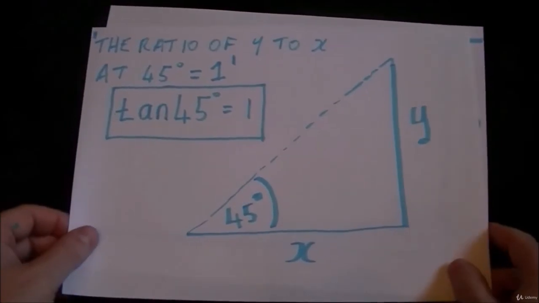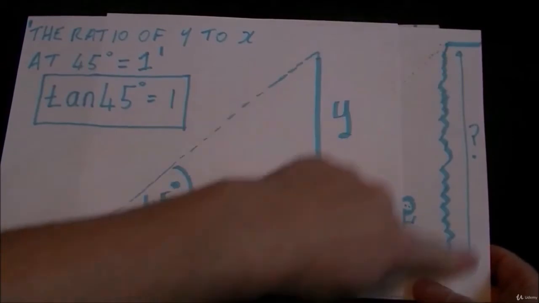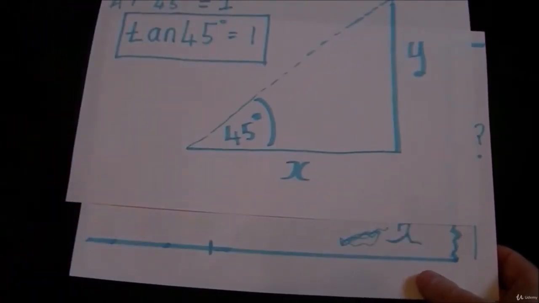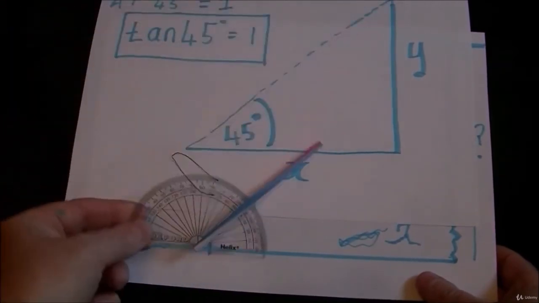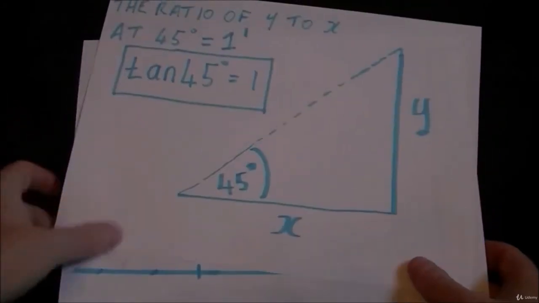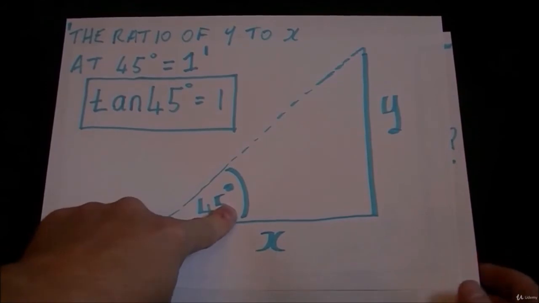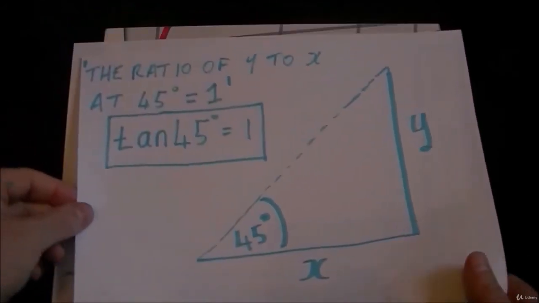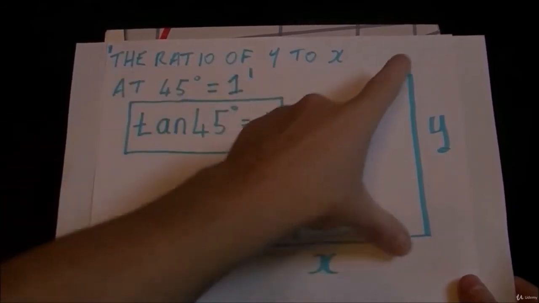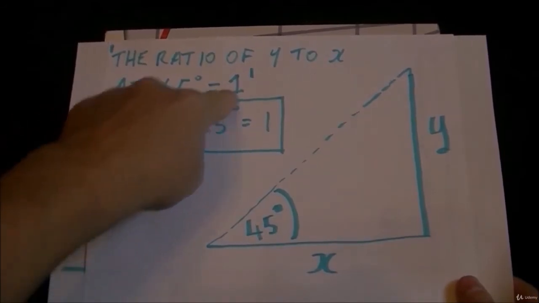So if we say that the height of the mountain is y, so that's just this height here, and the length away from the base of the mountain to the bottom where our eye is, we call that distance x, then we have a y distance, an x distance, and an angle of 45 degrees. So we could write out in words the ratio of the y to the x at 45 degrees equals 1.